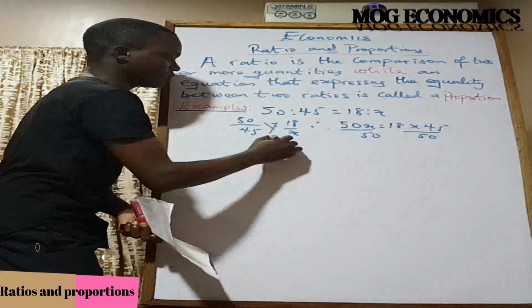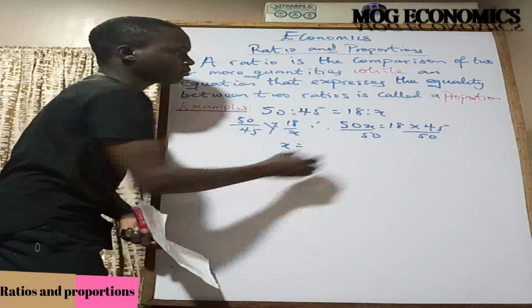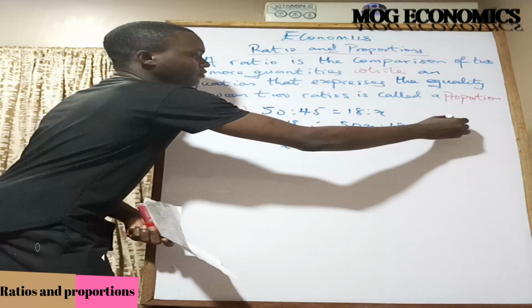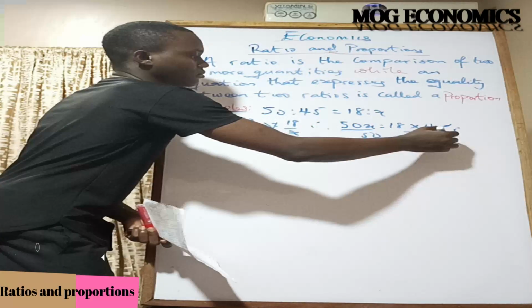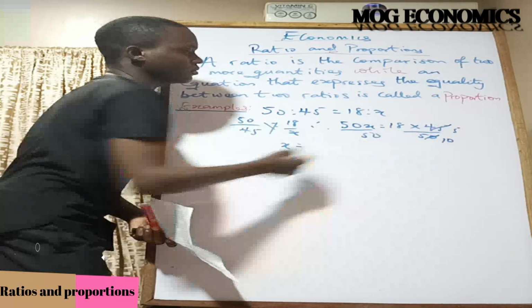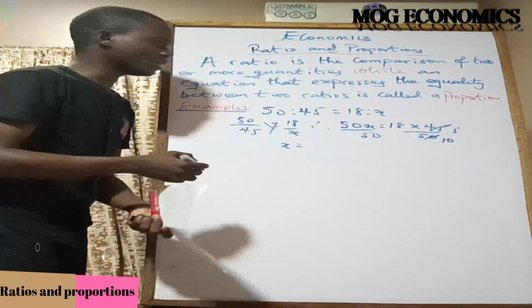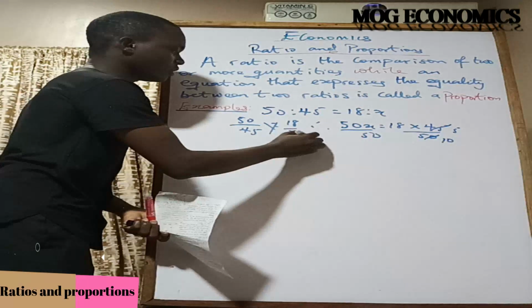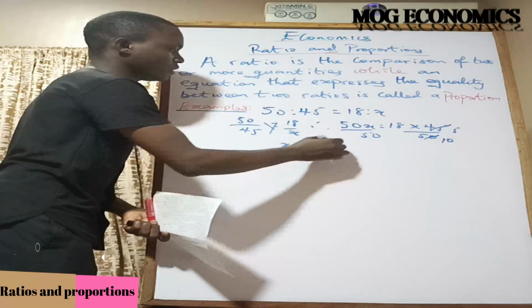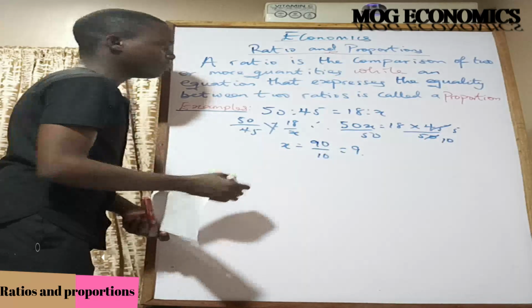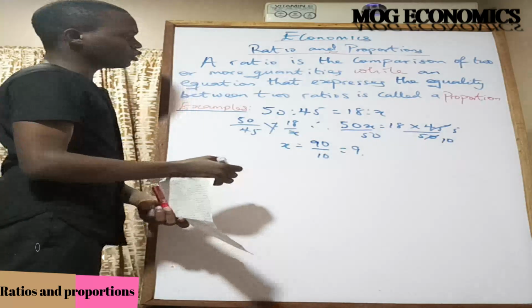So what then is x? 18 times 5 is around 90, so 90 over 10, and this is going to give us 9. Is this supposed to be 9?